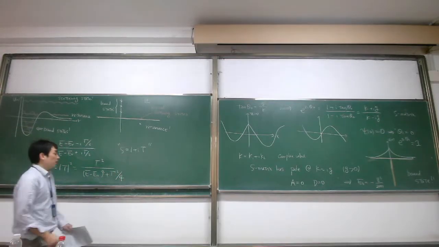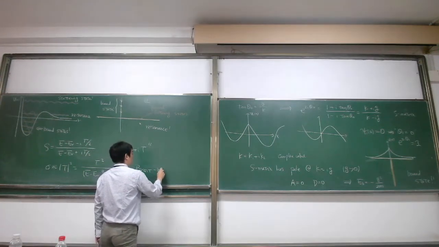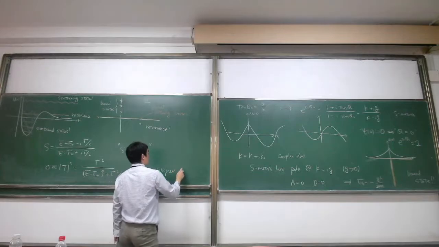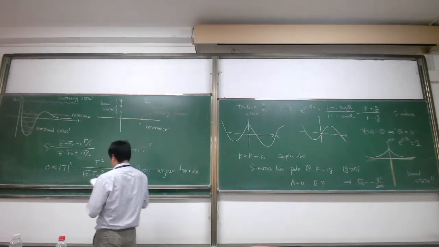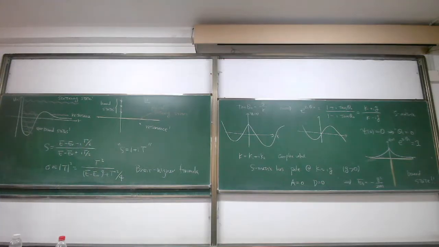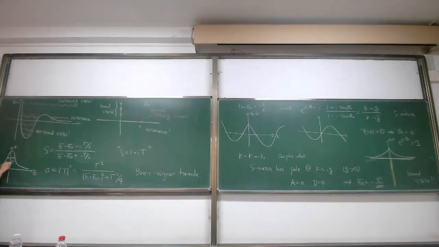This is called the Breit-Wigner formula. If you plot E against sigma, it forms a peak like this, and roughly Γ is around here.